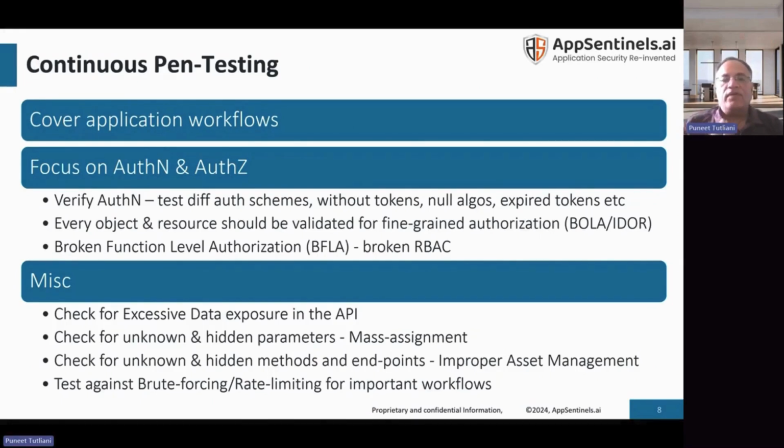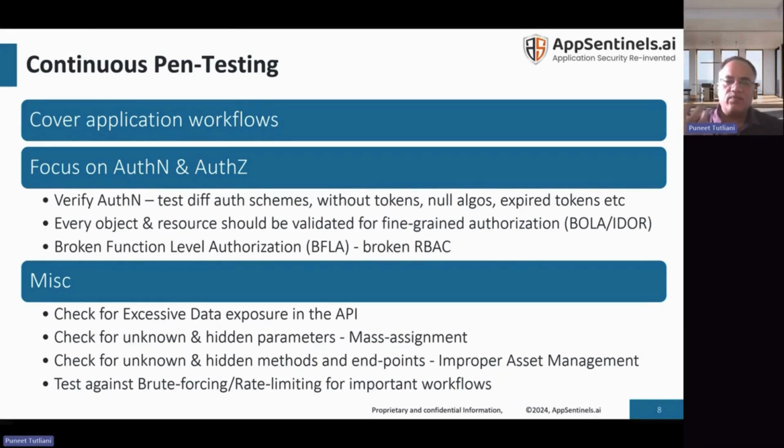How should it go about it? First of all, it should understand the applications and how the application workflows are happening. It should test application workflows. It should not test APIs as a stateless entity, but it should be able to do continuous stateful testing of APIs.